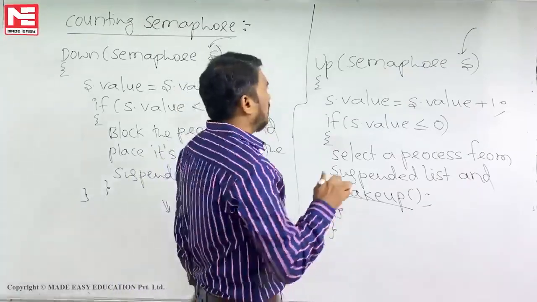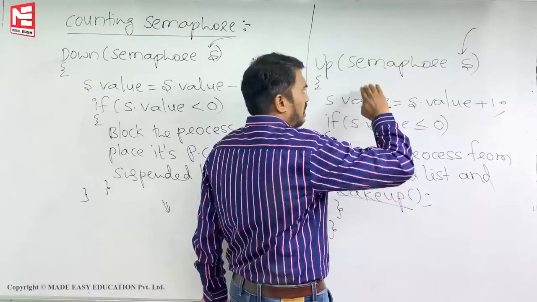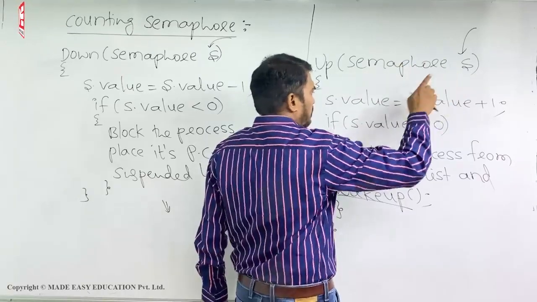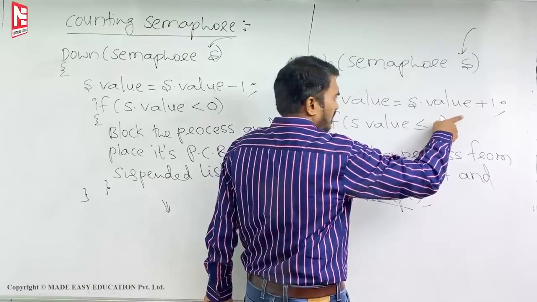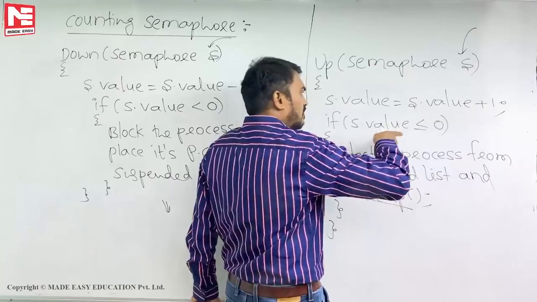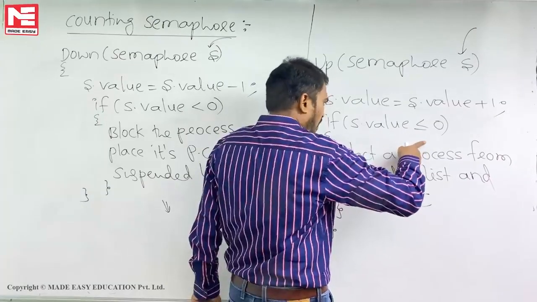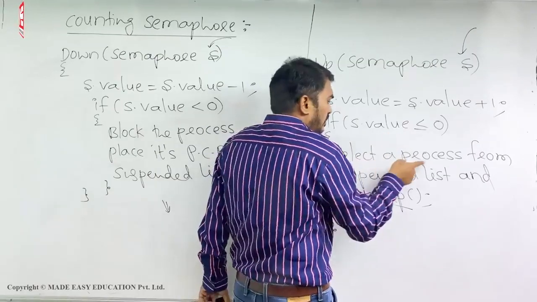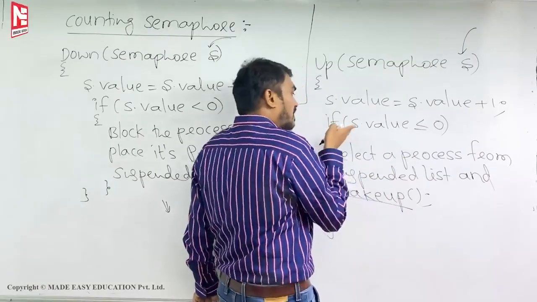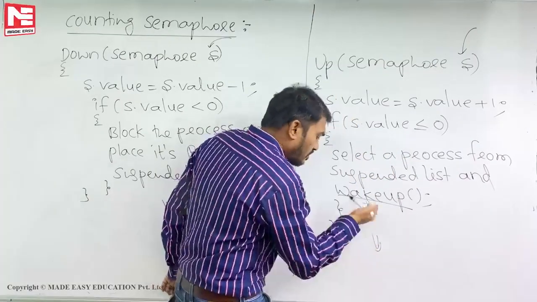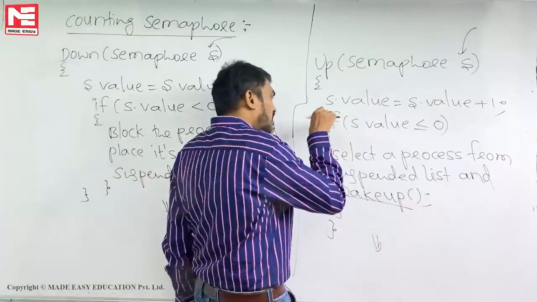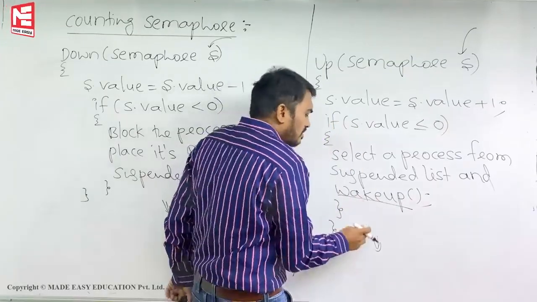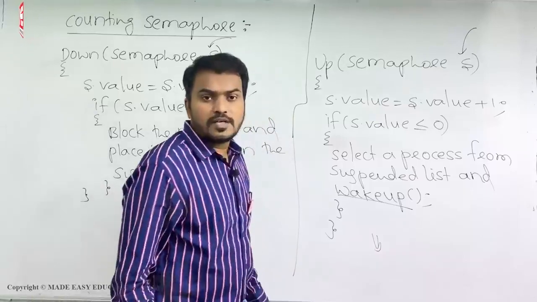Now remember, in the up operation, you read the semaphore value, and after that you increment the value by 1. After that, if S.value is less than or equal to 0 and it is true, you select a process from the suspended list and wake up, and the process will continue the execution. And if this condition is false, then also the process will continue the execution.